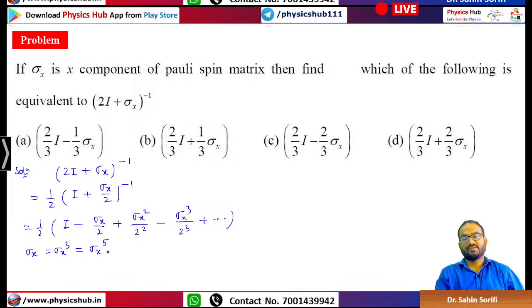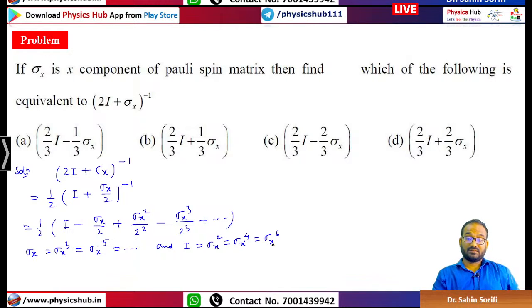If you keep on doing, it will give you the same value. On the other hand, sigma x square is identity, sigma x to the power 4 means sigma x square whole square, sigma x to the power 6 is sigma x square to the power 3, so that is identity, and so on.